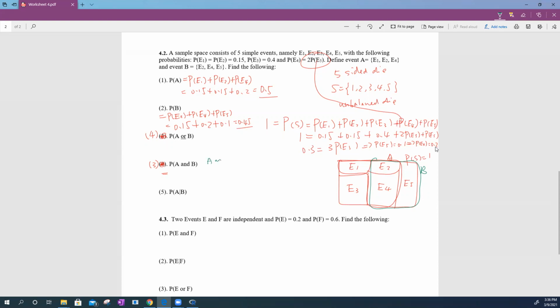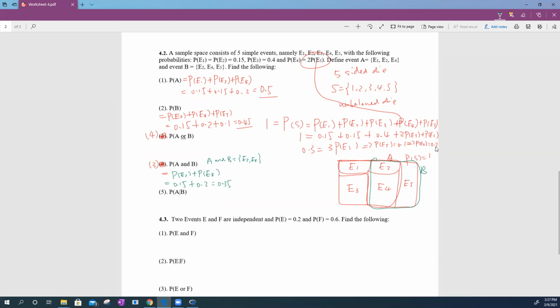A and B is E2, E4. So then probability of A and B is probability of E2 plus probability of E4, which is probability of E2, 0.15, plus probability of E4, that's 0.2, so that's 0.35.